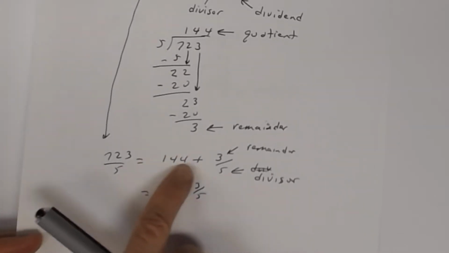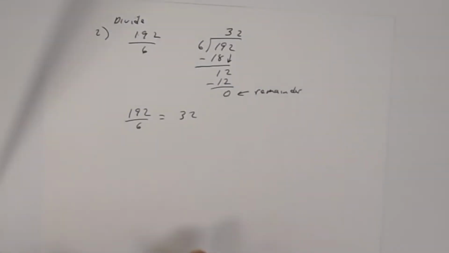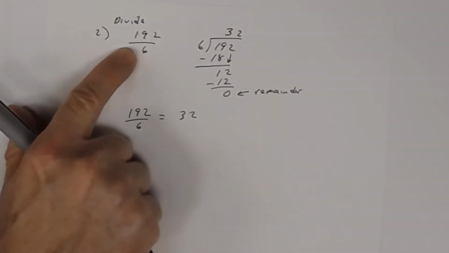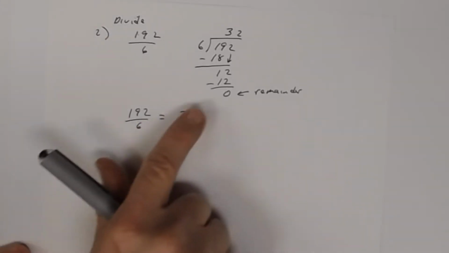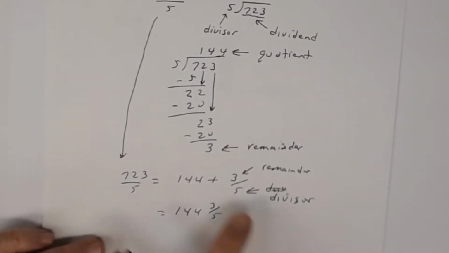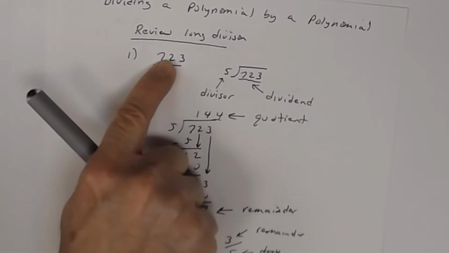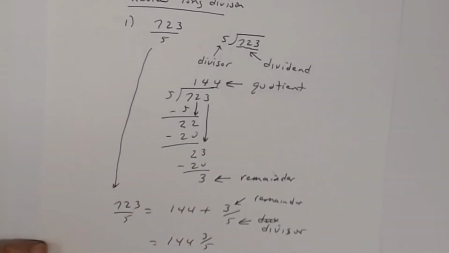You had a quotient plus a remainder divided by the divisor. And so with the remainder of 0, that means that 6 goes into 192 evenly. And so that's why you got a remainder of 0. Notice here, I did not get a remainder of 0, so 5 does not go into 723 evenly. That's why you did not get a remainder of 0.